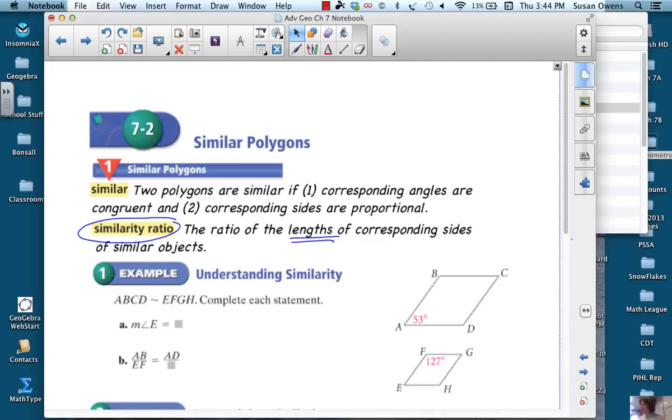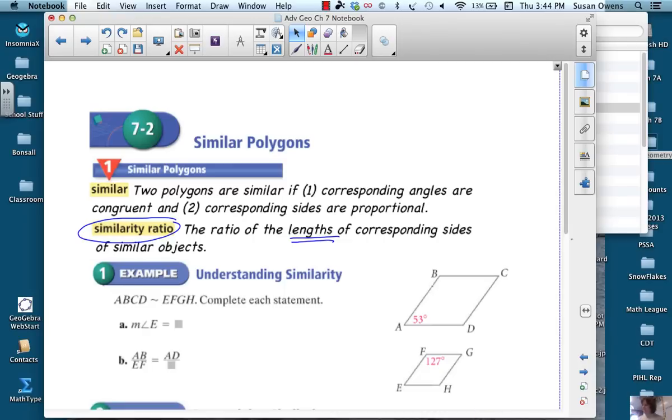And from your earlier math, I know you did a similarity unit where you talked about similarity ratios and copy ratios and things like that. So it's important to remember that similarity ratio is a one-dimensional comparison of objects, and we will look at ratio of areas and volumes eventually.